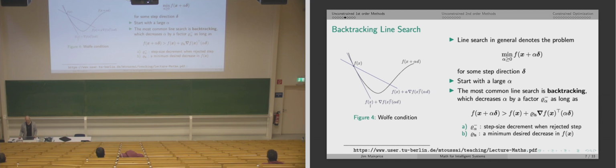And we decrease by a factor that we called this symbol here, alpha, as long as the function value is greater than the first order Taylor expansion of the function at that point, at x, where we added this coefficient to the line here.